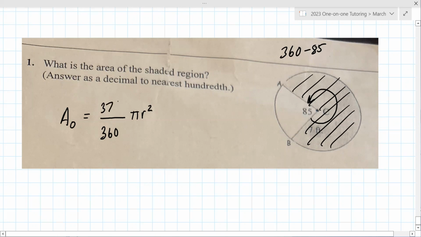375? Okay. Sorry, 275, not 375. Out of 360. And then the radius is 7 in this problem.